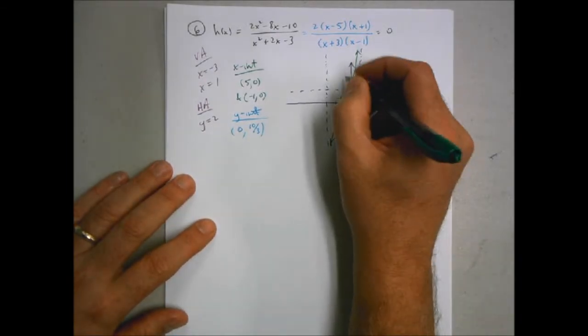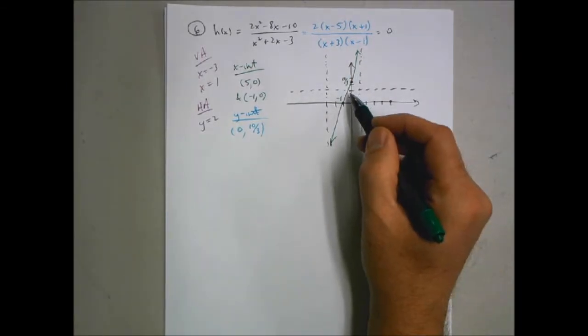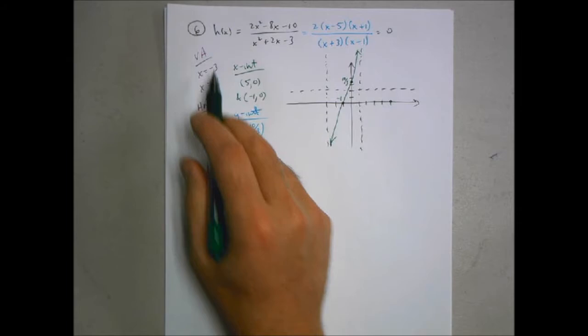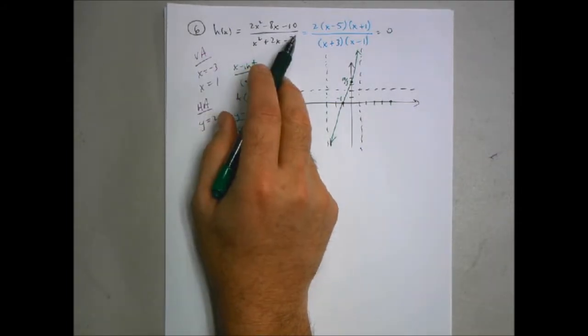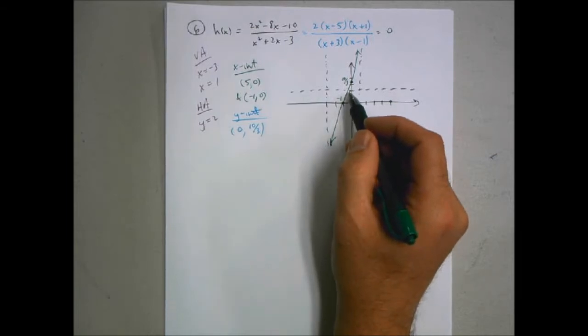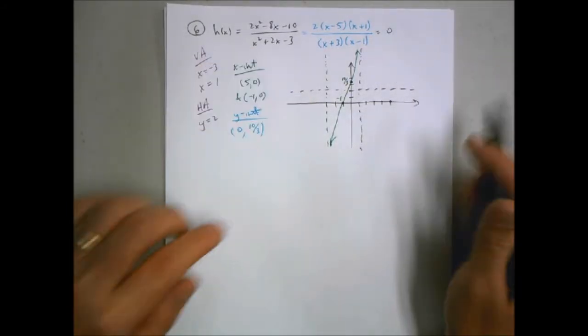Out to the left and the right. Well, let's do out to the right because we have an x-intercept out there, and its multiplicity was odd, so it goes through. Based on that, it has to be coming from down low so it can go through the x-intercept and continue on towards elevation 2 as it goes to the right forever.